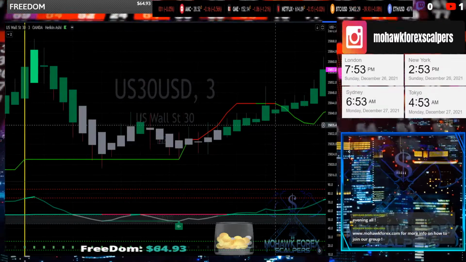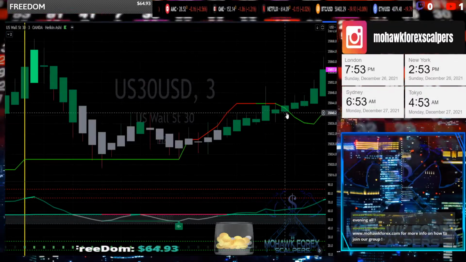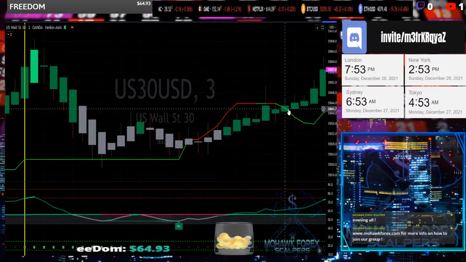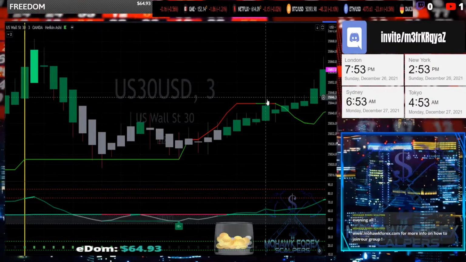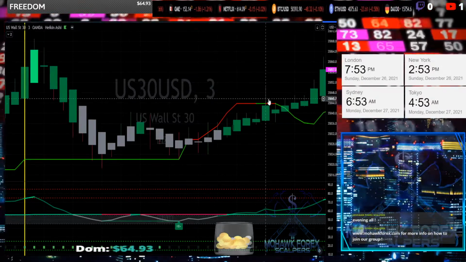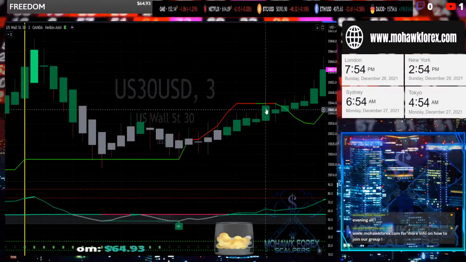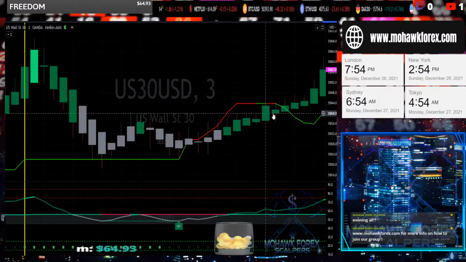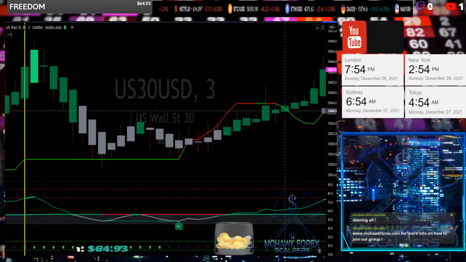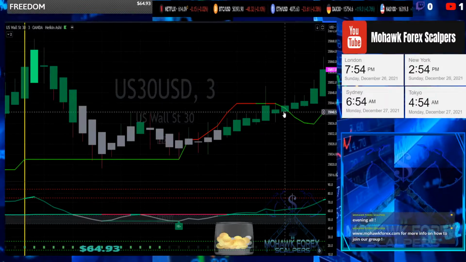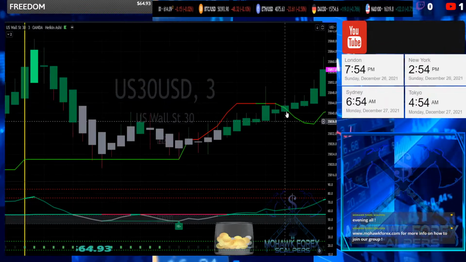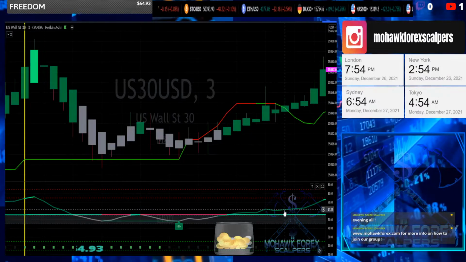Then eventually, here's where you get in. This is the one. This is great. You might think, okay, I'll get on here, but it spikes above it, the Heikin-Ashi, but doesn't finish above it. You want to wait for the candle close above it, and this is the one. Now you might think, what happens if it's going to reverse on me? It could reverse, but look at the RSI. It's strong.